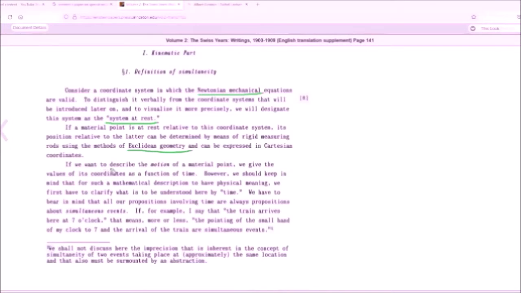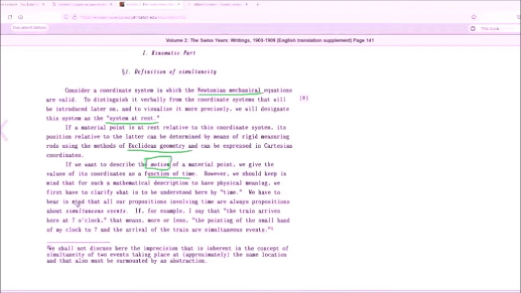If we want to describe the motion of the material point, it has to be described. Motion means time. So you are going now to get out of the Euclidean geometry and put in time, because it is motion. We give the values of its coordinates as functions of time. That is okay. How are you going to get the speed of light here to make the time different?